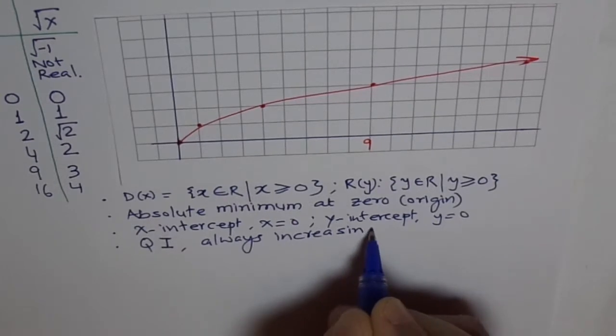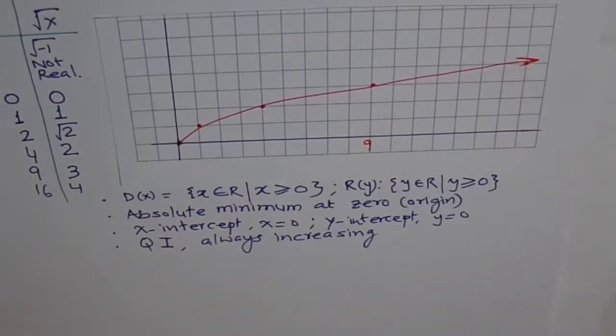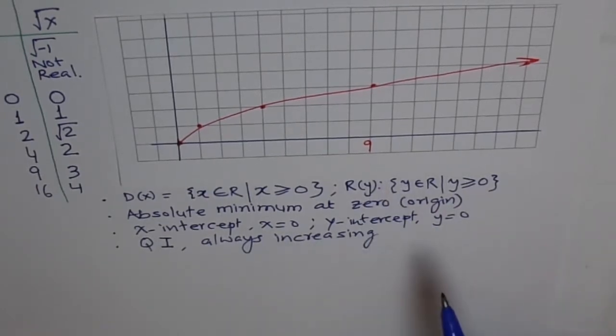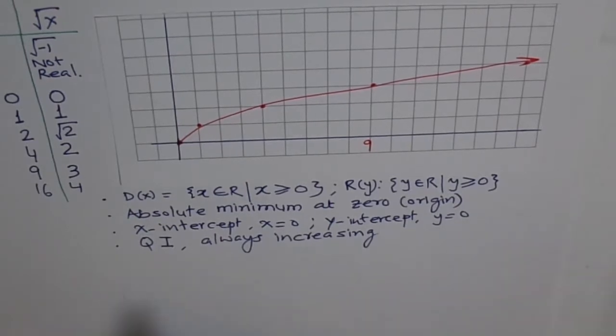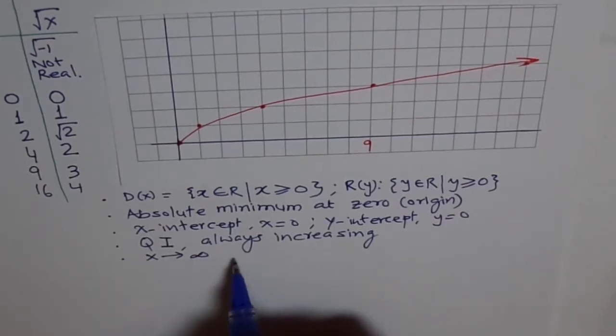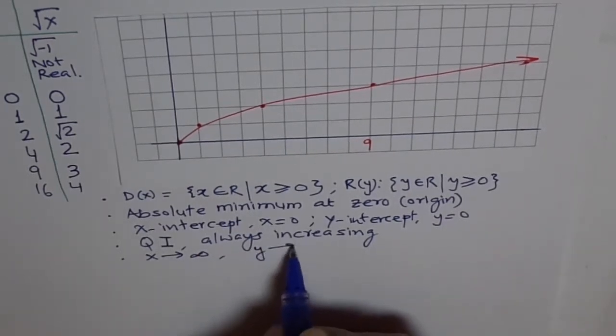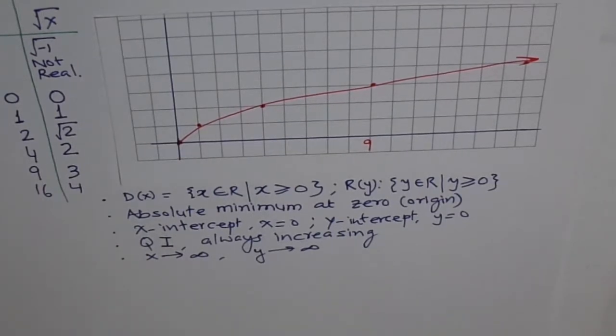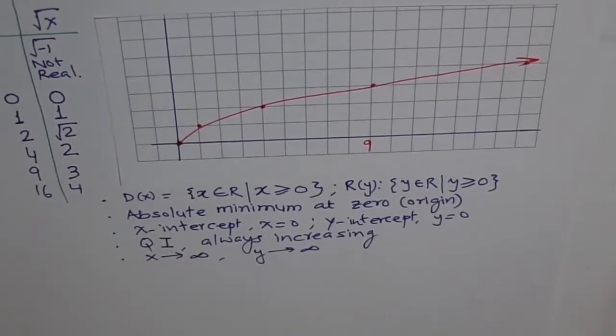Which of the functions is always increasing? The very first one which you heard about was line, correct? Straight line is always increasing. In quadrant 1, parabola is always increasing also, correct? And end behavior, as x approaches infinity, y approaches infinity. So these are some basic characteristics of our square root function.